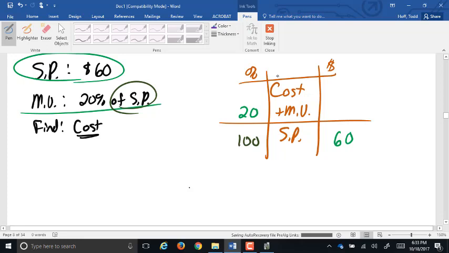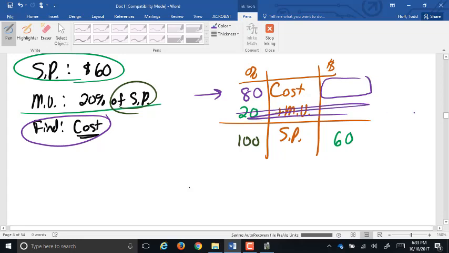Which means we can calculate very quickly. 100 minus 20 is 80% for the percent that represents the cost. And we are looking for the cost. So we're going to ignore that middle row. 80 times 60 divided by 100 is $48.